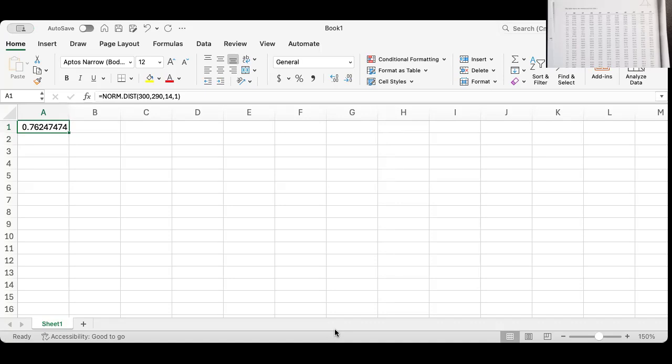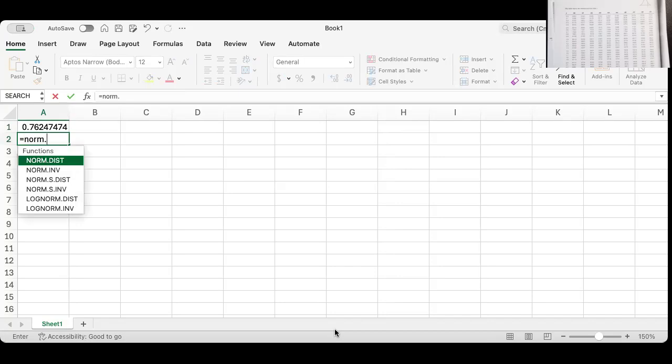But that's used so often that there's another command, two rows down, norm.s.dist, S for standard distribution. Now it only asks for the x value and the 0 or 1 for the flag, because it knows the mean is 0 and the standard deviation is 1. I don't have to put it in.